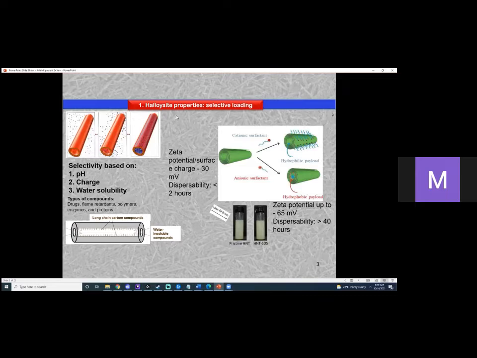We can see a surface charge of -30 with a dispersibility of under 2 hours, whereas with an anionic surfactant, it's up to -65 millivolts with a dispersibility greater than 40 hours. So it can be dispersed over multiple days.